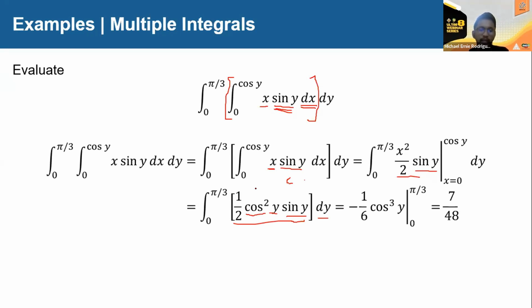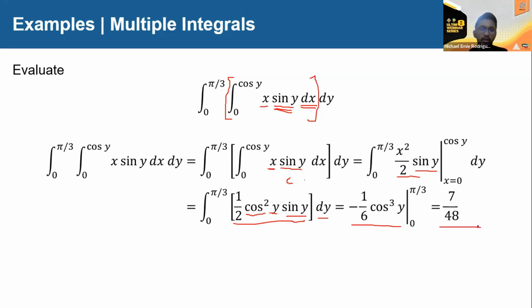So magiging ano na siya, 1/2 times negative u squared du. Okay? So magiging u cubed over 3. So 1/2 times negative 1/3, that is negative 1 over 6. And then substitute cosine cubed y. And apply limits, we have 7 over 48.